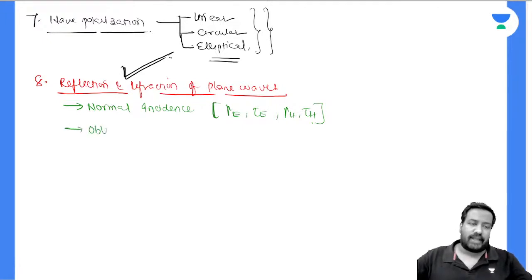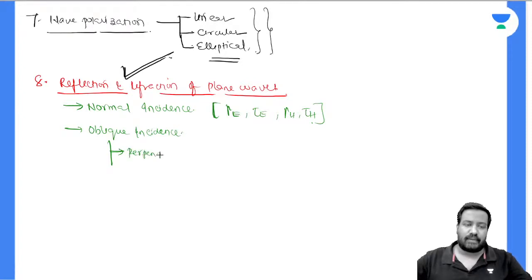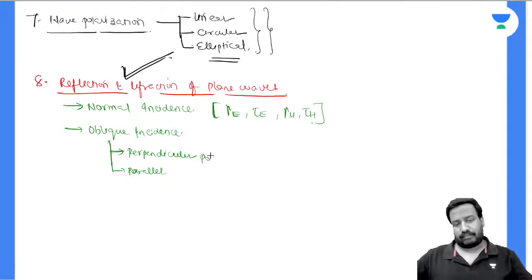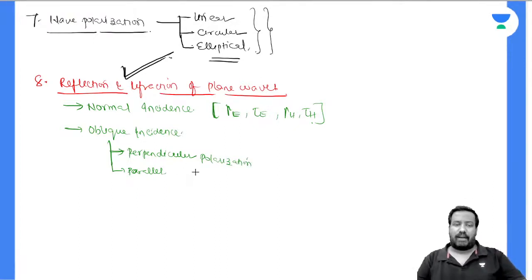Then we go for oblique incidence. In oblique incidence, we need to undergo 2 different cases: perpendicular polarization and parallel polarization.